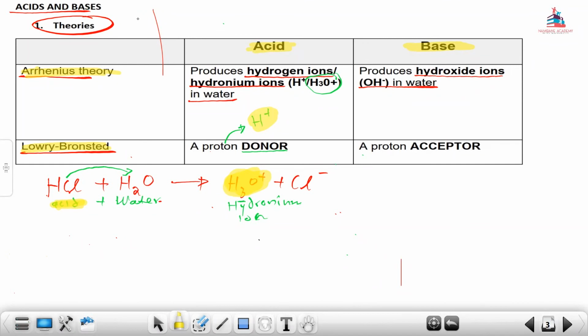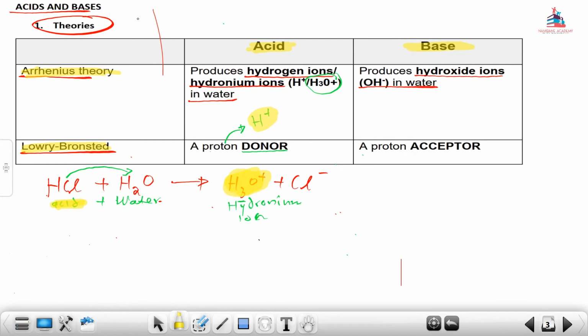Okay, that will be wrong, because remember, we must use the standard laws that are given. So we cannot necessarily say in water, in water, in water. The key thing is, according to Arrhenius, it must produce hydronium ion in water.